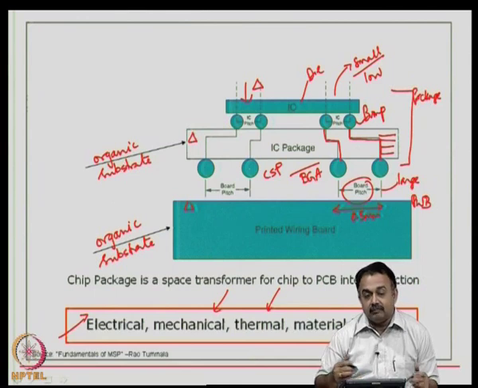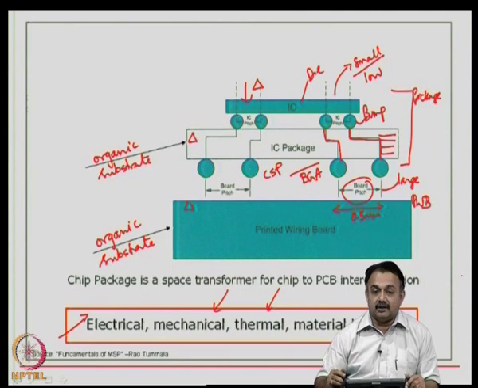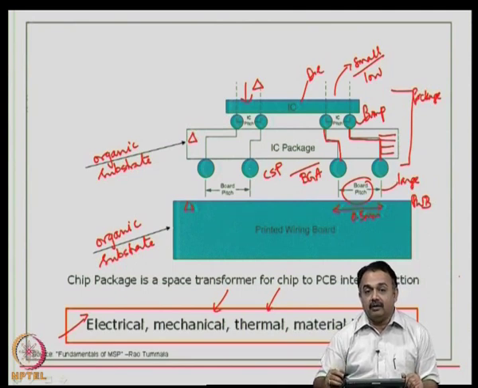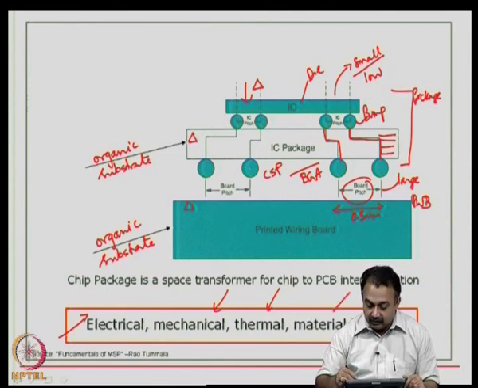Then there are mechanical issues like vibration or mechanical shock just from dropping, where shocks can be transmitted to the solder bump or the solder joints at the PWB, which can result in an electrical failure.